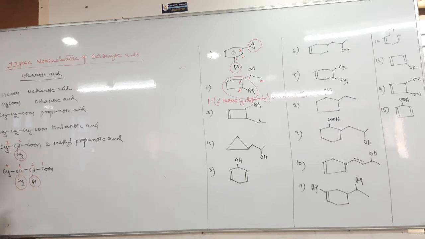Next, if it is CH3, CH, OH, CH2, COOH. Here also the OH group is an alcoholic group, but this is a carboxylic group. Among the carboxylic group and the alcoholic group, the carboxylic group has the highest priority. 1, 2, 3, 4.